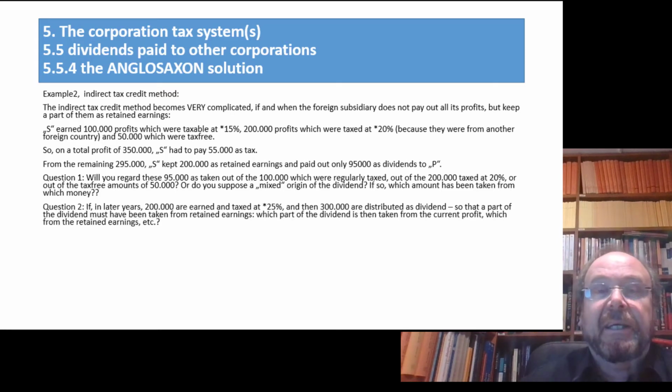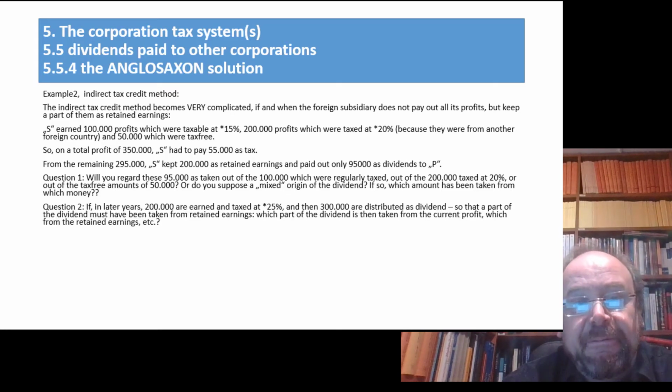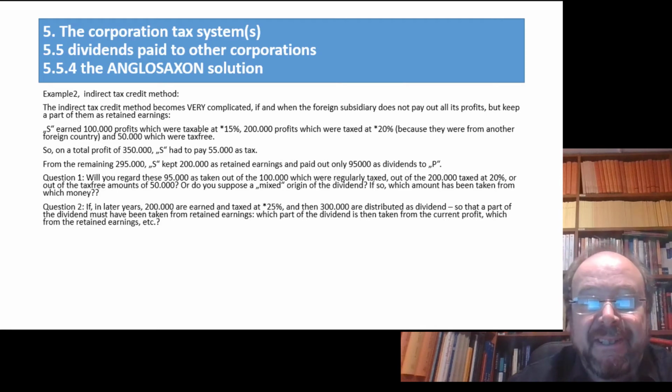The whole situation even gets a bit more interesting or challenging for the accountant's intellectual abilities if in later years the subsidiary S earns another 200,000.